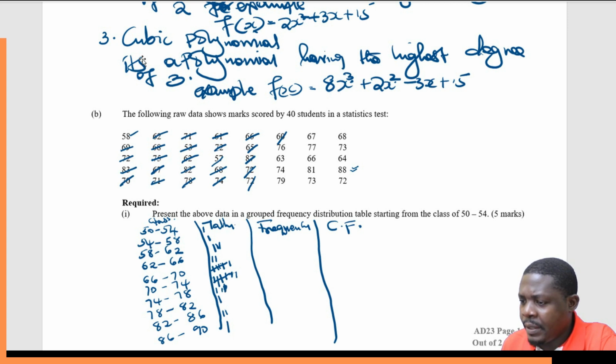Let me use the one I had deleted. 63. 74. 79. 67. 77.